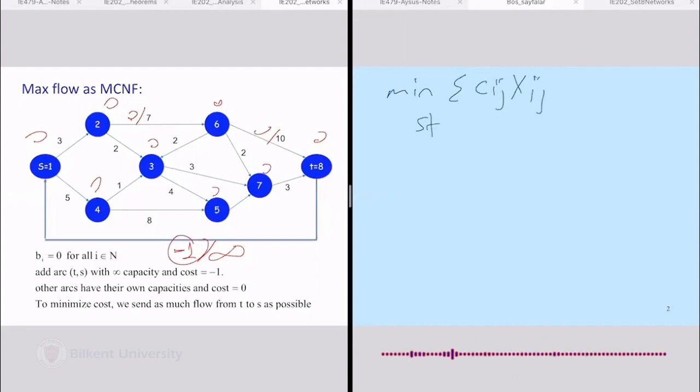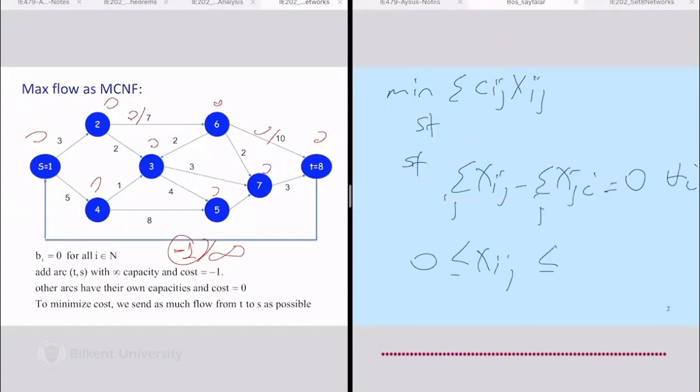What is my constraint subject to? Well, the sum of Xij minus the sum of Xji equals 0 over all i. Sending nothing is feasible with objective function value 0. And my xij's, by the way, should be between their bounds. Of course, sending 0 is feasible.